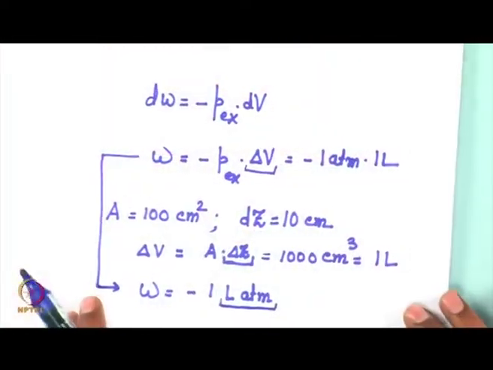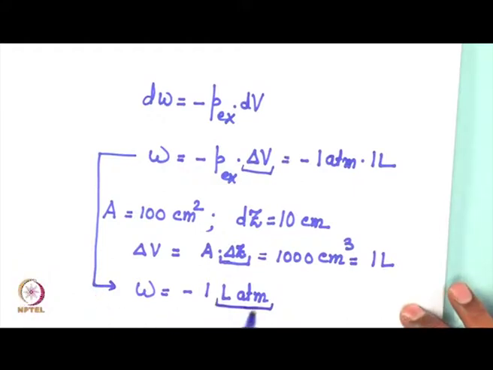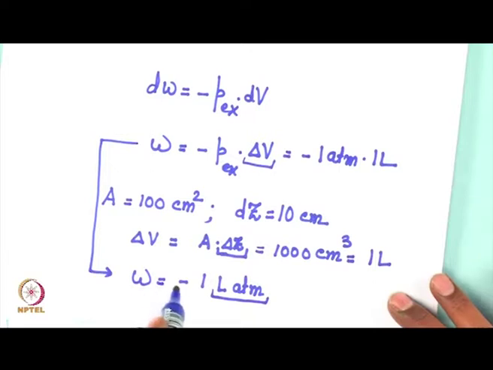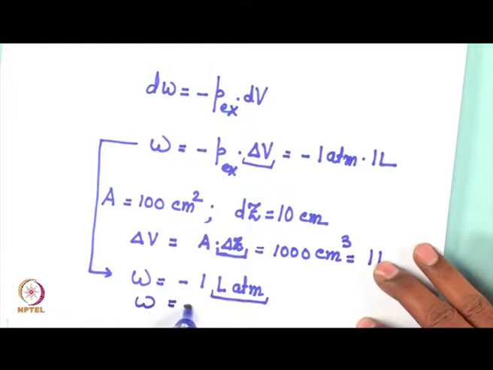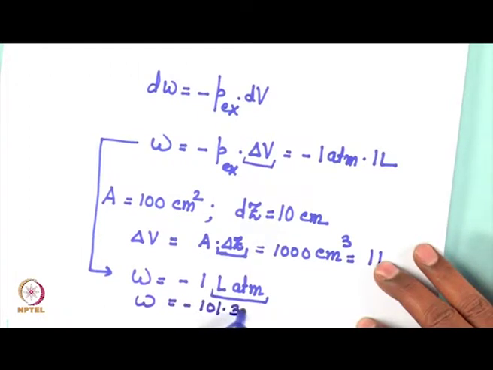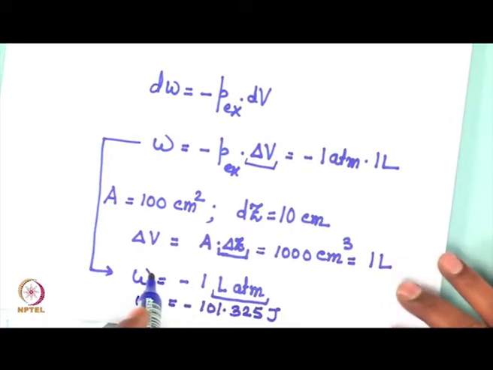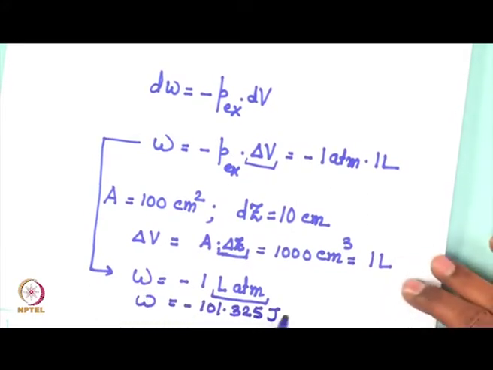So, therefore, in order to convert liter atmosphere into joules, what I will do is I will multiply by a factor of 101.325, and if I multiply by a factor of 101.325, the work done will be equal to minus 101.325 joules, and this is equal to minus 0.10 kilojoules.